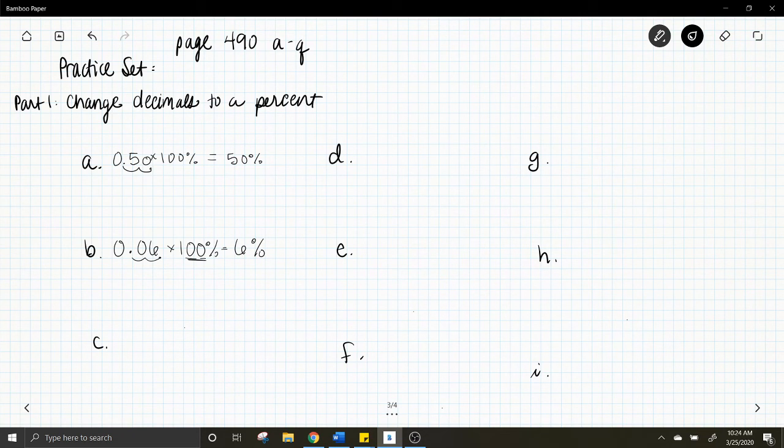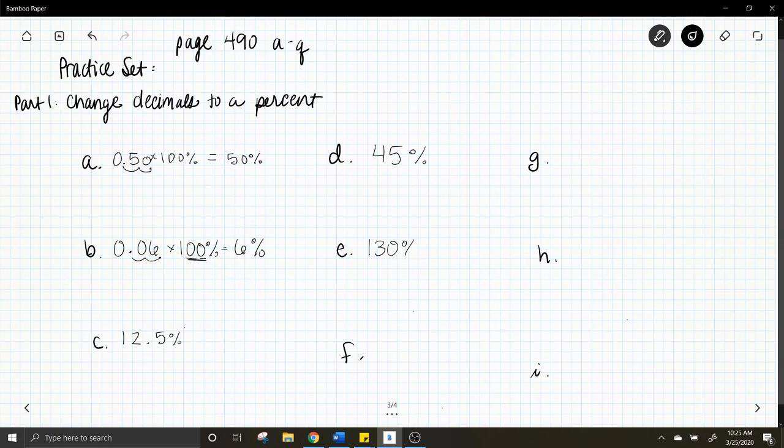So hopefully you paused the video and took some time to work those out. We're going to jump right into the answers. Letter C is 12.5%. Letter D is 45%. Letter E is 130%.